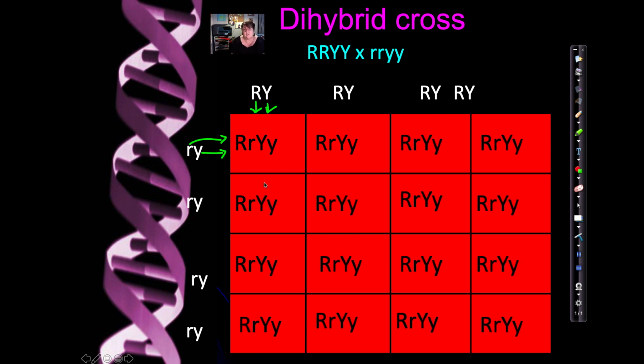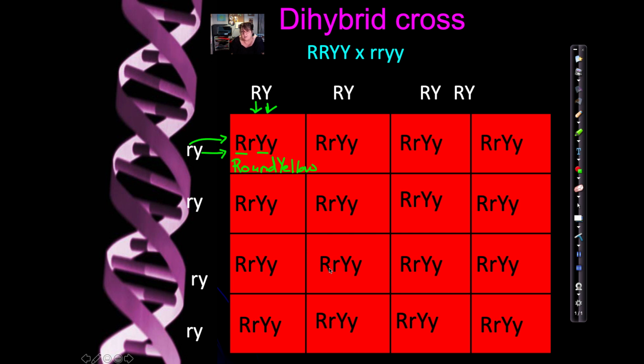Okay, so now let's talk about this. Big R indicates that this one is round. So if we were going to put round, we would do, let's see, I can write it, I think. So let's do round. Okay, we know it's round because of the big R. We know that it is yellow because it has a capital Y. So big R, big Y is round and yellow.